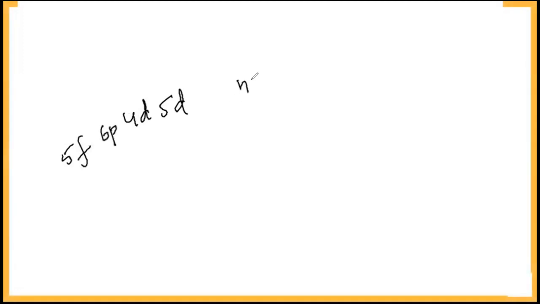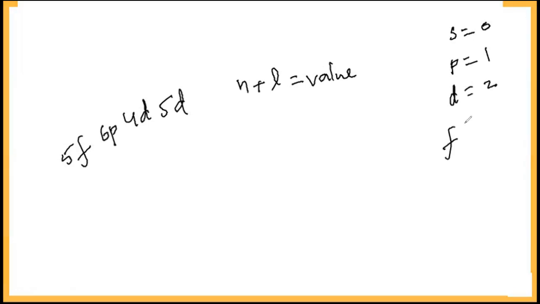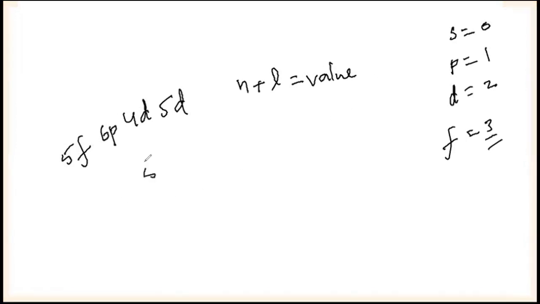Now I'll be writing n plus l values. For S orbital, l value is 0, P orbital 1, D orbital 2, F orbital 3. Is this idea clear for everyone? Yes. Now for 5F, 5 plus 3 is equal to 8.